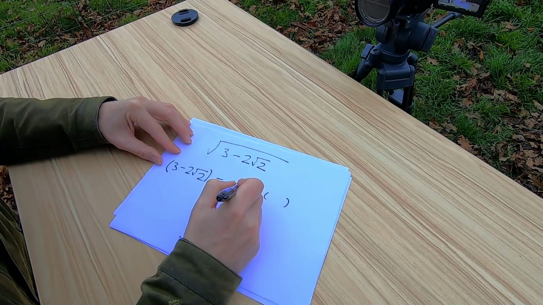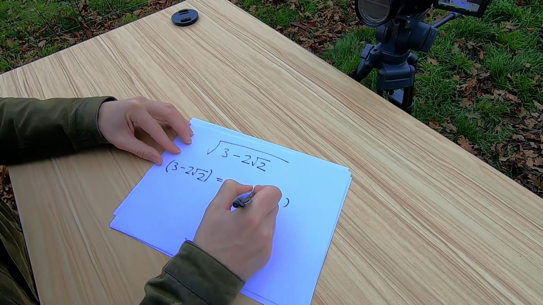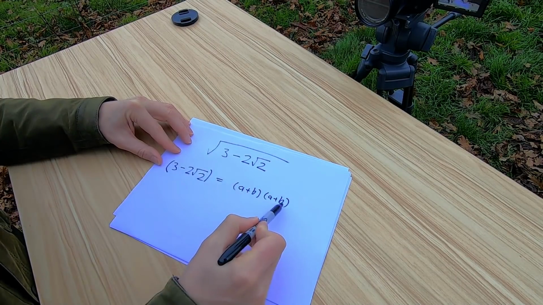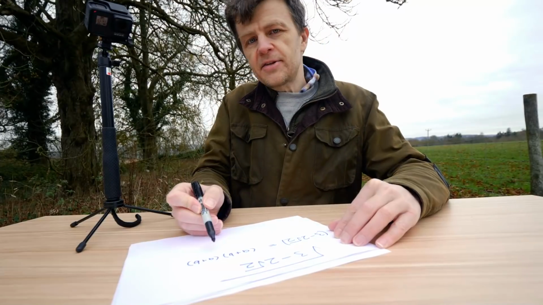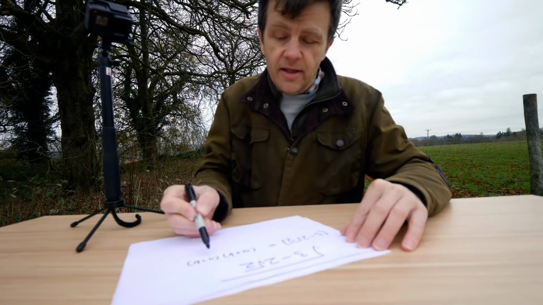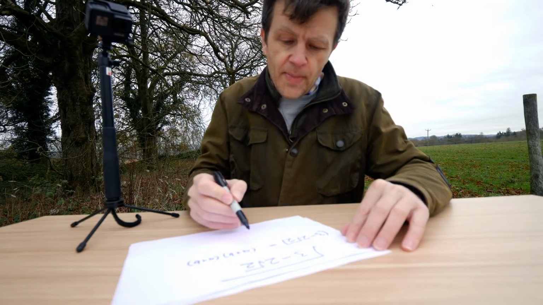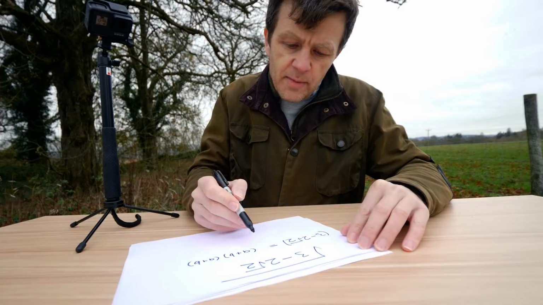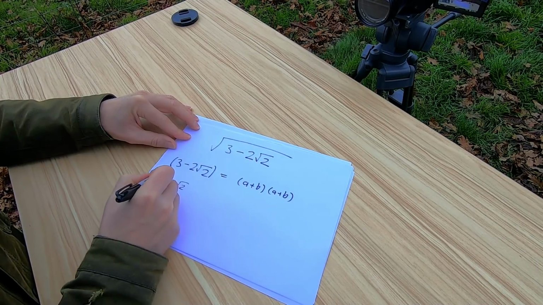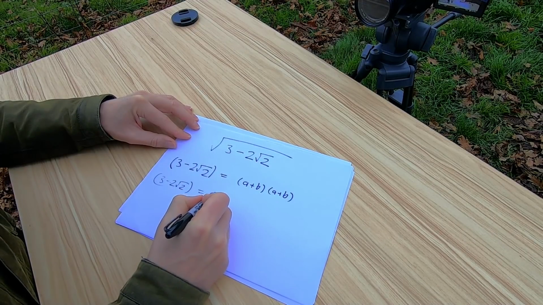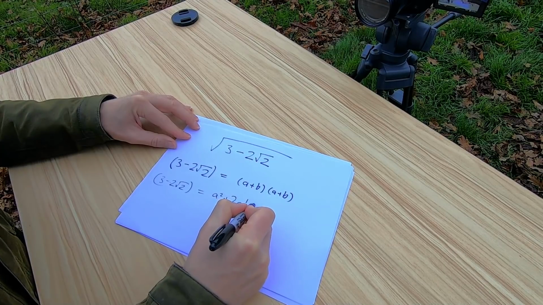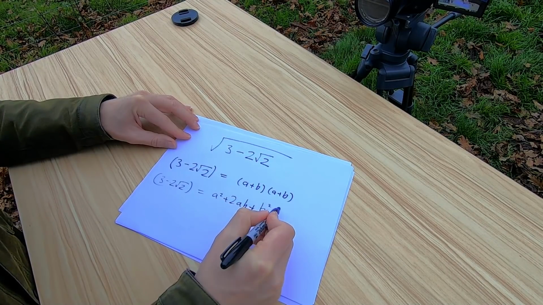Let's call that a plus b, so this is the equivalent of this. Then that starts to become a little bit easier because we're really used to seeing things like this, aren't we? When we multiply this out, we're going to have 3 minus 2 root 2 is equal to a squared plus 2ab plus b squared.